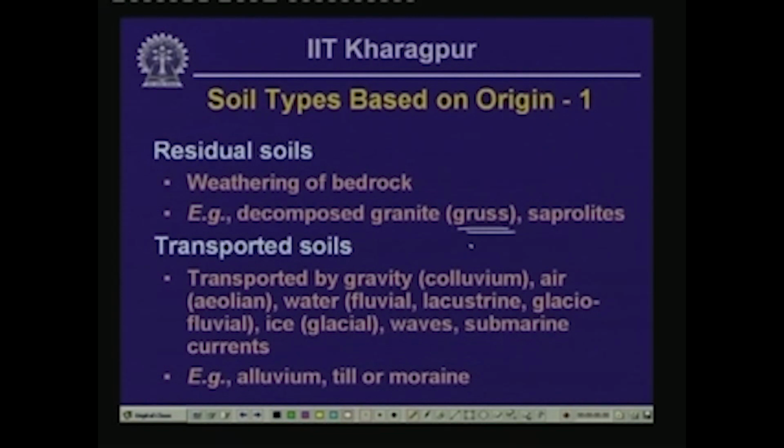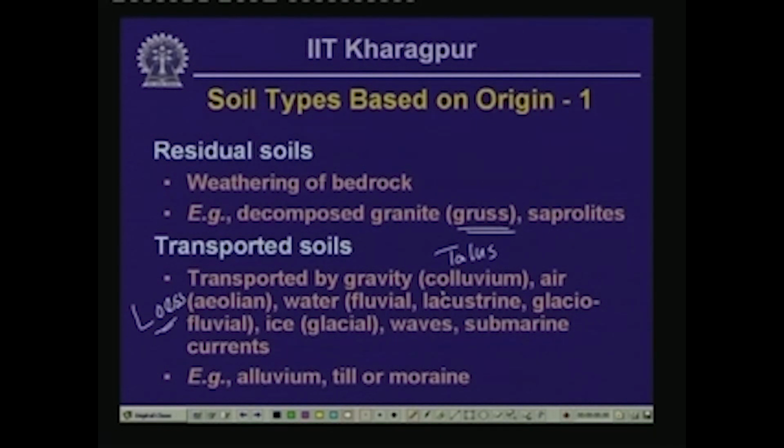Transportation could be by air. These are called aeolian deposits. Loess is an example of an aeolian deposit. An example of colluvium is talus.